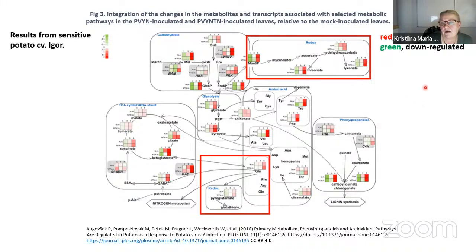And in fact, if you look, for example, at this dihydroxyascorbate, which was upregulated by day 6, and also in the mild strain infected potatoes already by day 3, we see that in this mild strain infected plants, indeed the enzymes that are required for this dihydroxyascorbate production are upregulated in the same manner as what we see from the metabolite profiles.